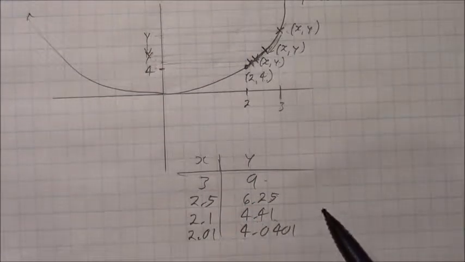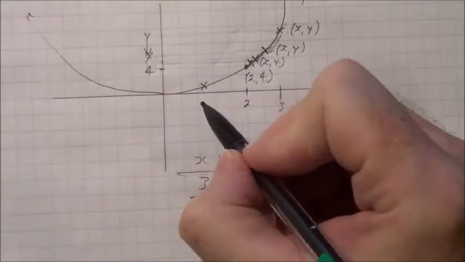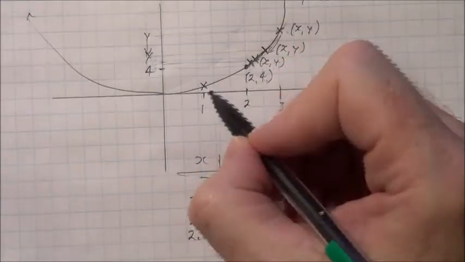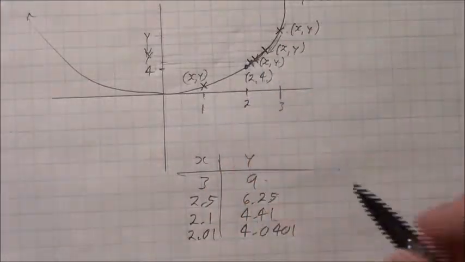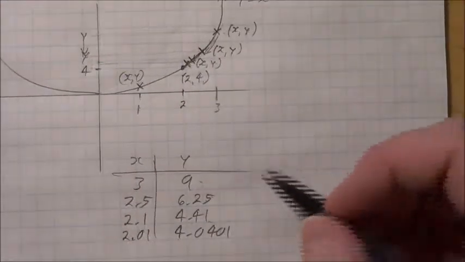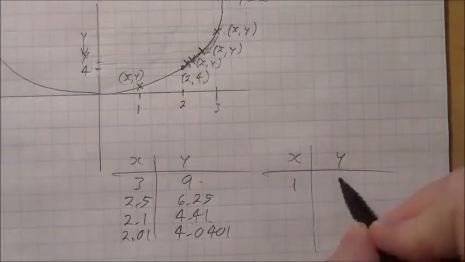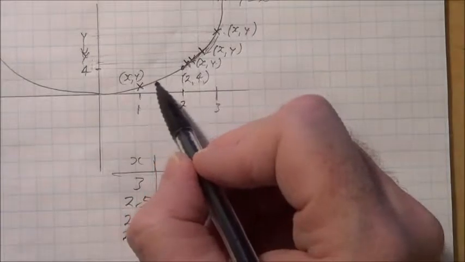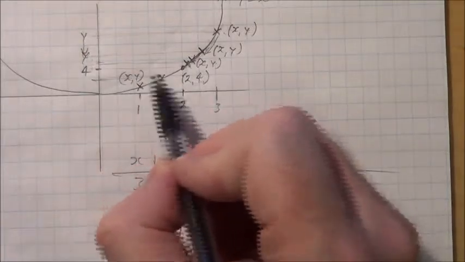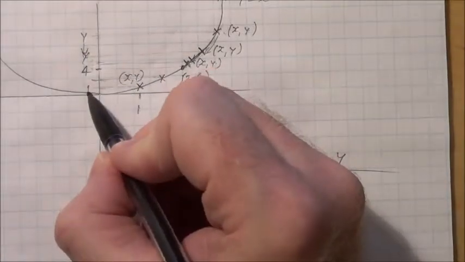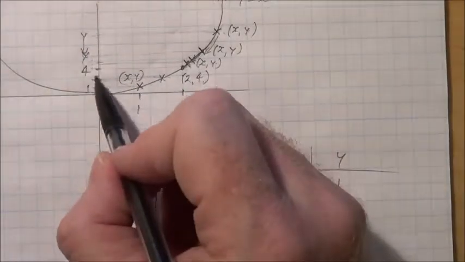Okay. So now I can do the same thing on the other side. Let's start this point over here at 1. So this is the coordinate, obviously, 1, 1. Here are the coordinates x, y. I'll make another table of values over here and do this at the same time. So we've got this point 1, 1. I slide this point up along the curve. Notice that the y value started out at 1 here, and now it's increasing. This y value of that point is getting closer to 4.